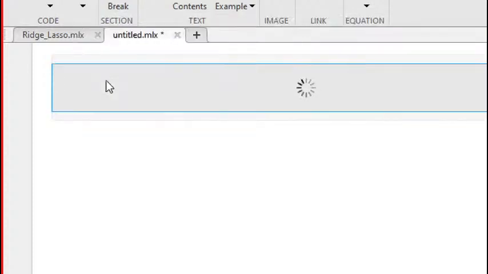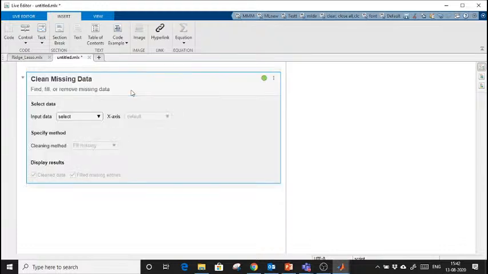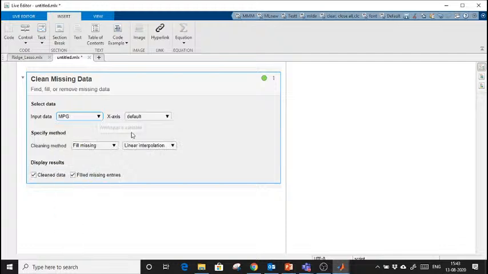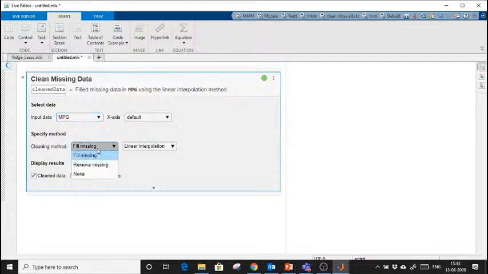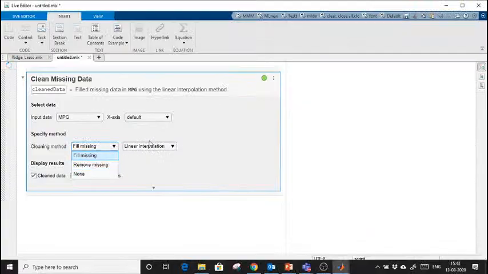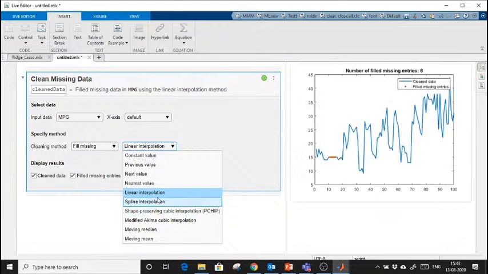Here you can provide the variable where you have missing values. In this case, in mileage we saw that we had missing values, right? You can choose from here whether you are going to fill that missing data or remove it, and what kind of algorithm you are going to apply.